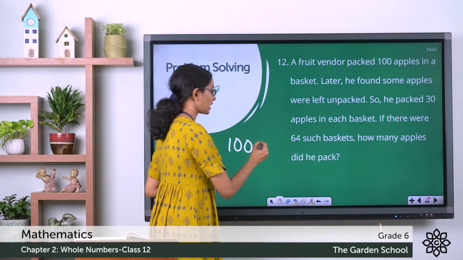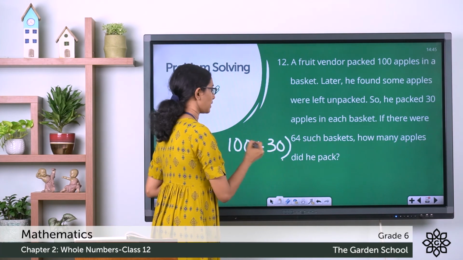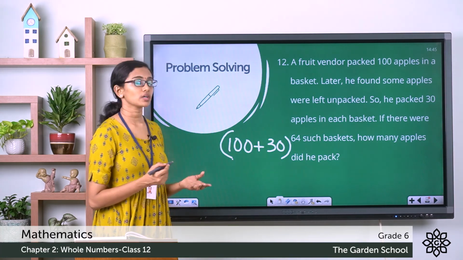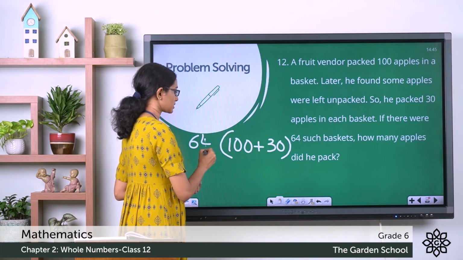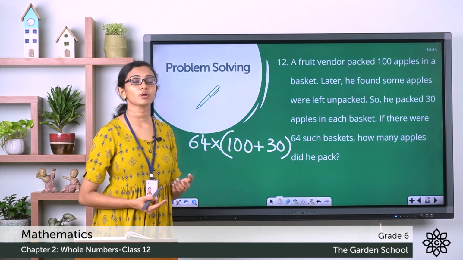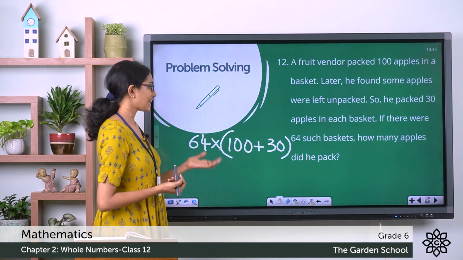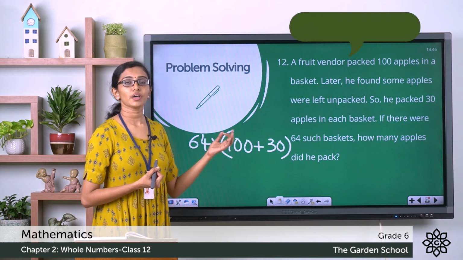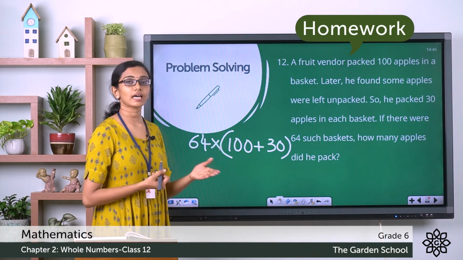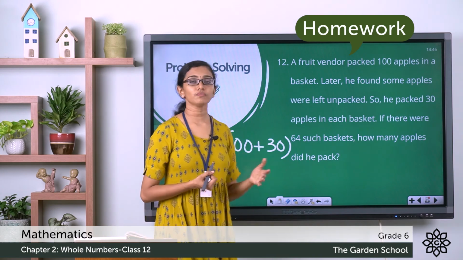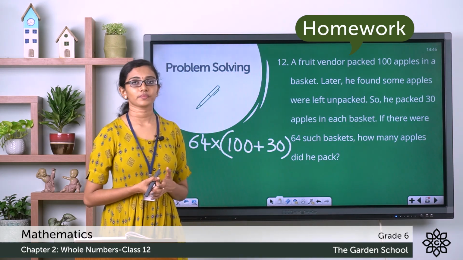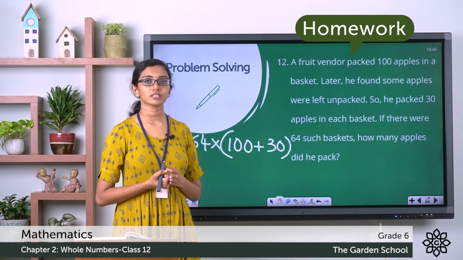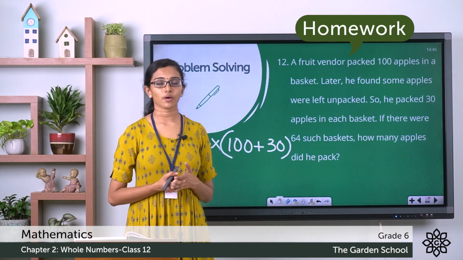So that would be 100 plus 30 in each basket. And there are a total of 64 baskets. So what will be the total number of apples that he packed? That would be equal to 64 into 100 plus 30. Now you have to find out the answer to this, and that will give you the total number of apples that he packed. Write down the proper steps and work it out in your notebook.